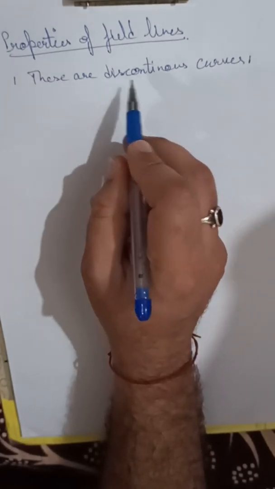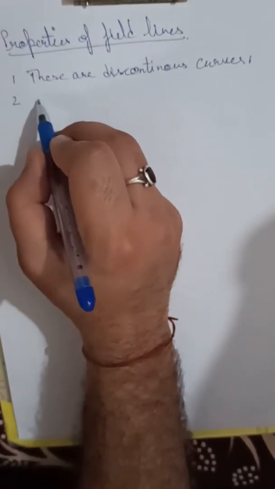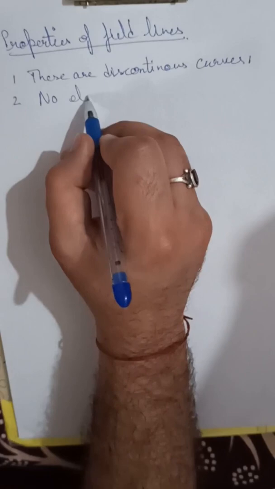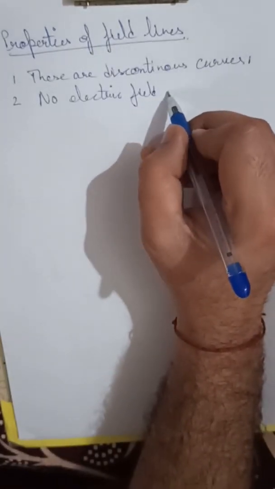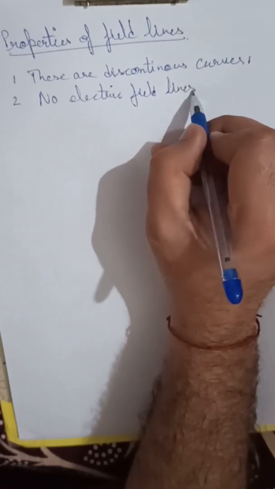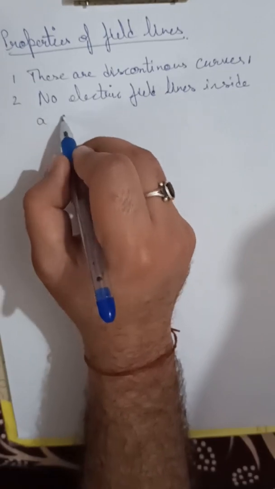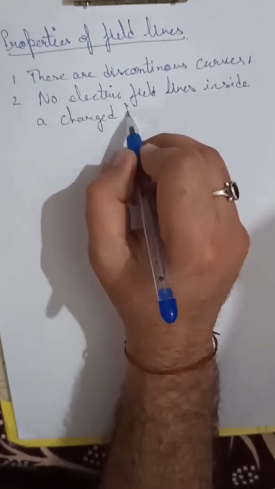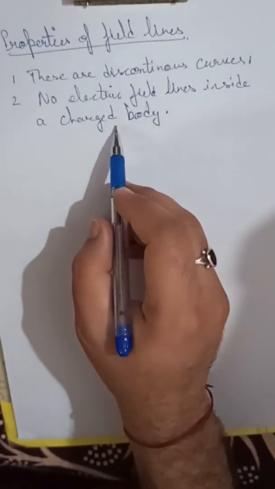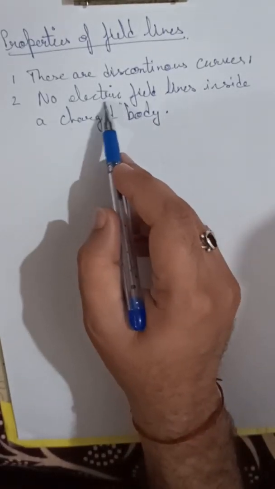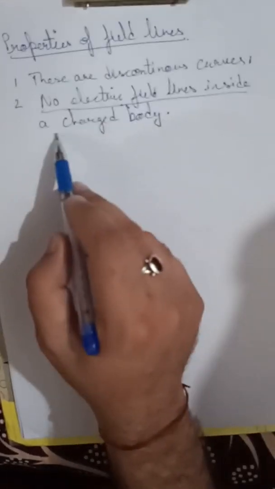They don't form a full whole curve. Also, there is no electric field lines inside a charged body. Electric field lines may be out, just showing the charged body positive or negative by showing the outward or inward directions, but there is no electric field lines inside a charged body.